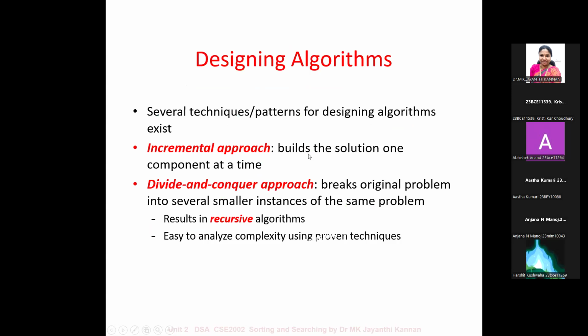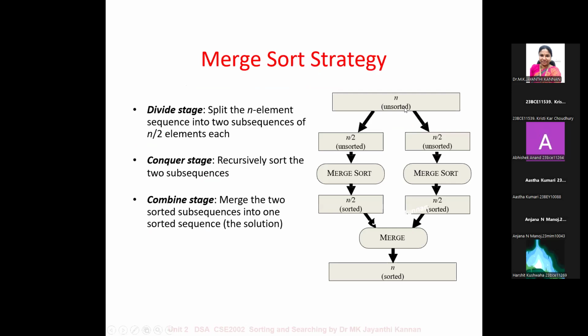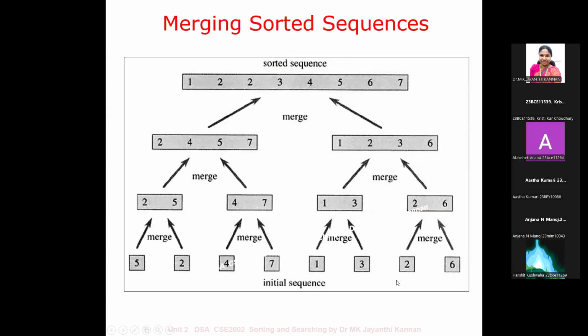So the computation time is with respect to the number of inputs, and how we are designing, what steps we are following, and how it is performed. The big problem n is divided into n by 2 and n by 2, unsorted; we merge and sort, and get the solution for n by 2 sorted and n by 2 sorted, then merge and get the solution.